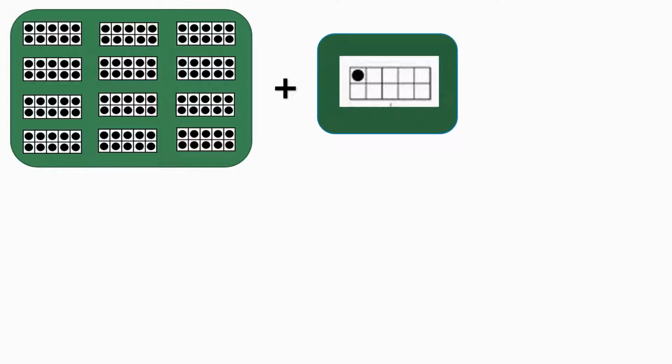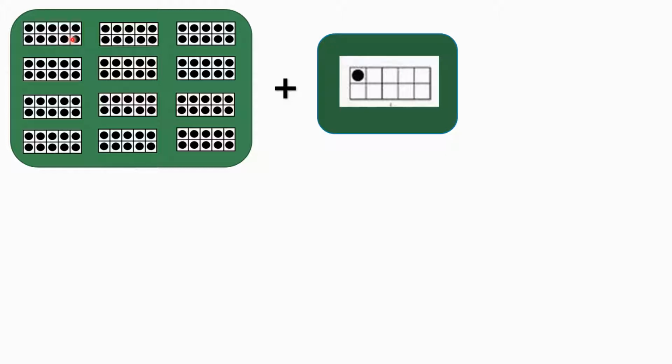So children, let's see, here one example is given. Here some blocks and each block has some dots. So let's count each box. How many dots? 1, 2, 3, 4, 5, 6, 7, 8, 9, 10. Each box has 10 dots.